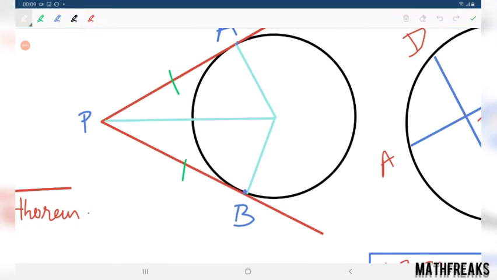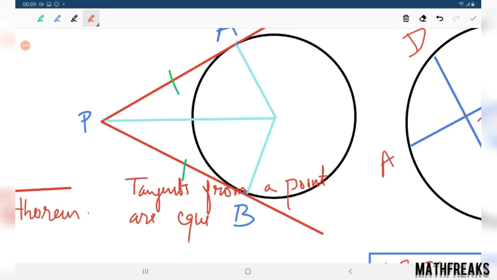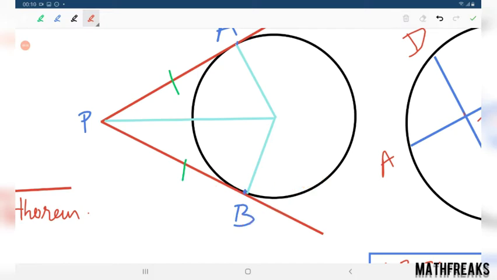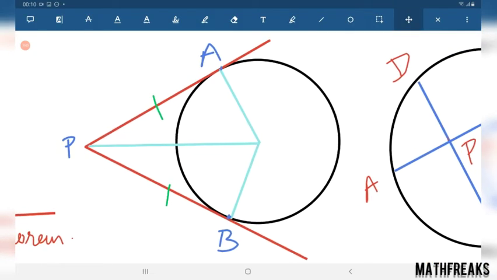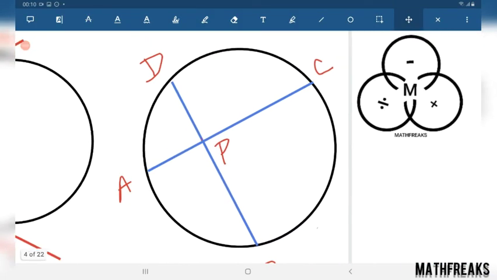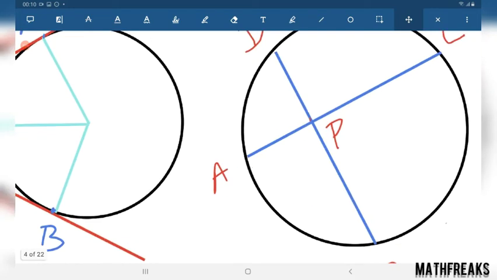And this is a very basic theorem for tangents. Tangents from a point are equidistant, that we all know. This is a very important theorem.